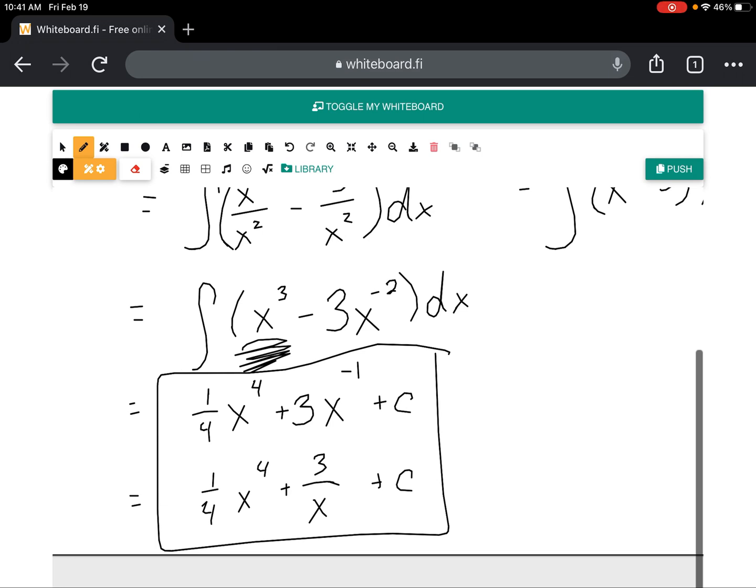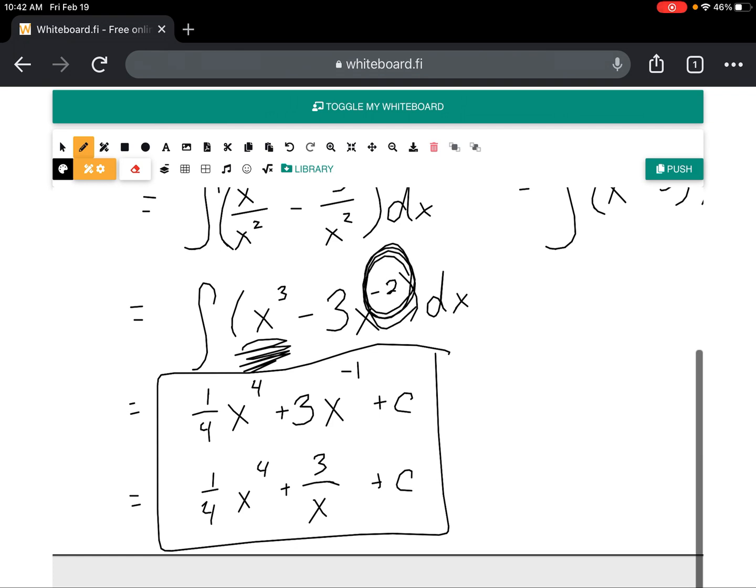Now I had somebody last block ask about what about that natural log thing? We're going to see a natural log problem in the future, on another one of the problems later down on the page. This one was not a natural log because the negative exponent that we had was a negative 2.